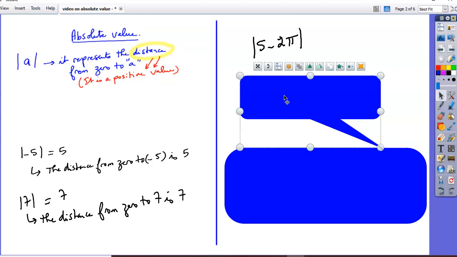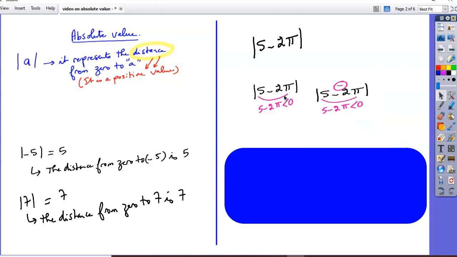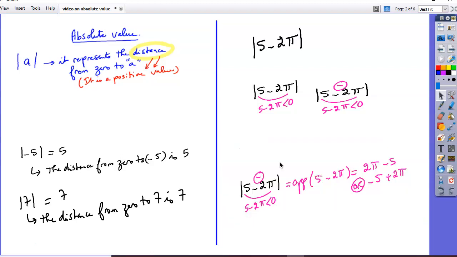Because 5 minus 2 pi is negative, to find its absolute value we have to take the opposite of 5 minus 2 pi, because we are looking at the distance from 0 to 5 minus 2 pi, which is a positive value. The opposite of 5 minus 2 pi is minus 5 plus 2 pi.